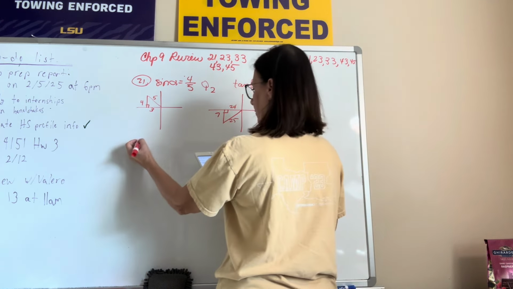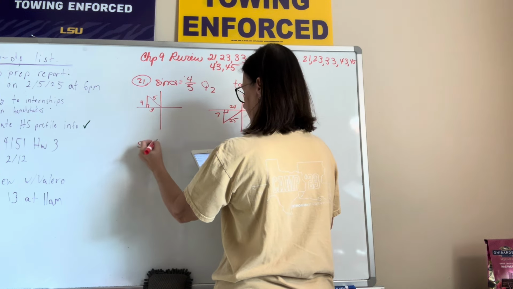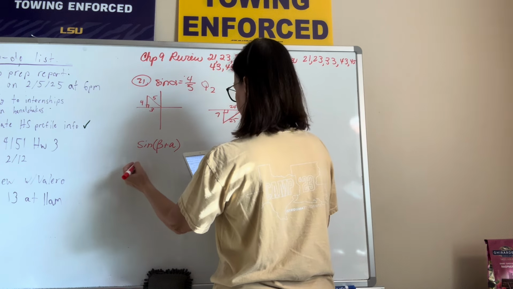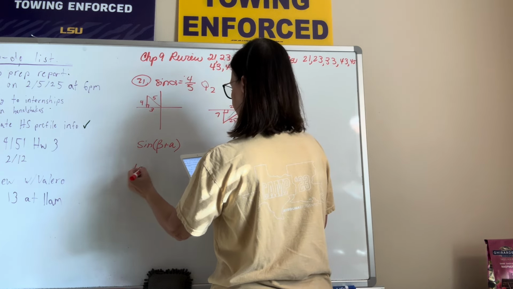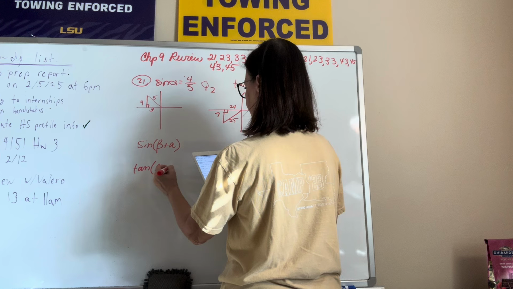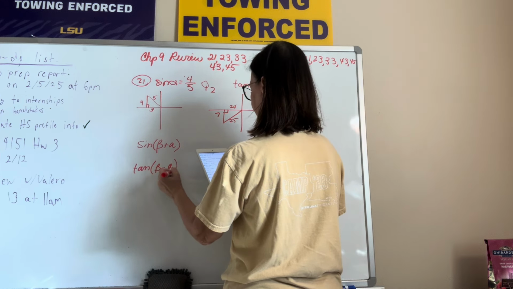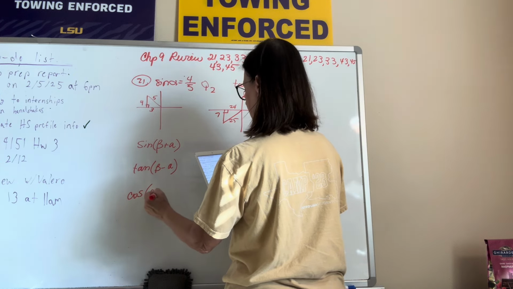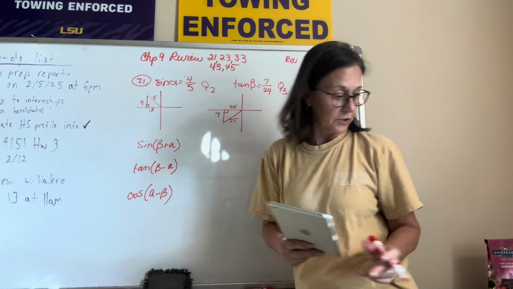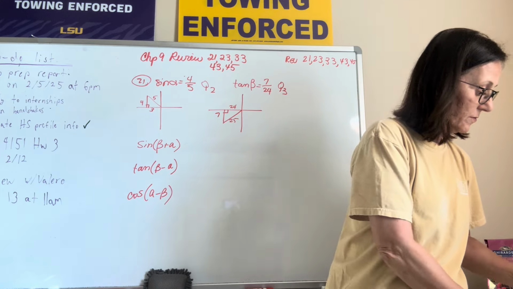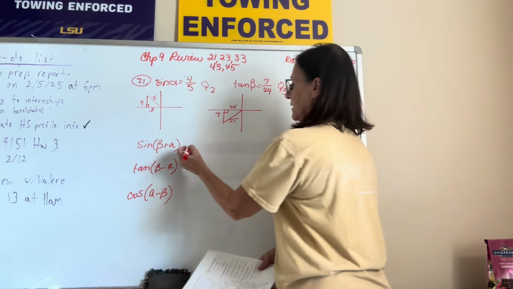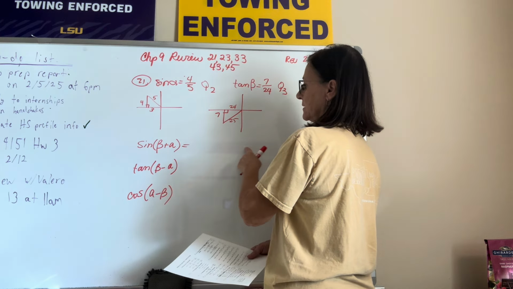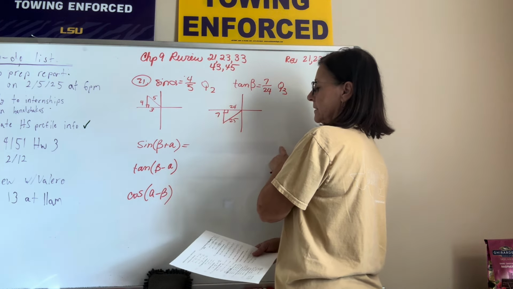All right, so we're just using the sum and difference. I'm just writing A for alpha. The cosine sum is sine beta cosine alpha plus cosine beta sine alpha.